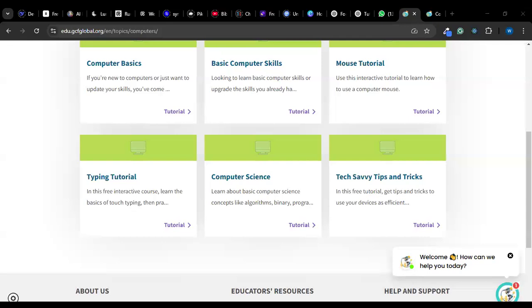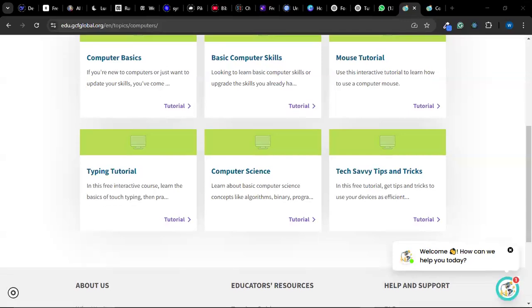Okay, so can you all see my screen? Can everybody see my screen? Yes, please. Yes. Okay, what's on the screen right now? Please let me just be sure that I share the right screen. Computer basic skills. Mouse tutorial. There are a lot of headings. Okay, no, that's not the right screen.